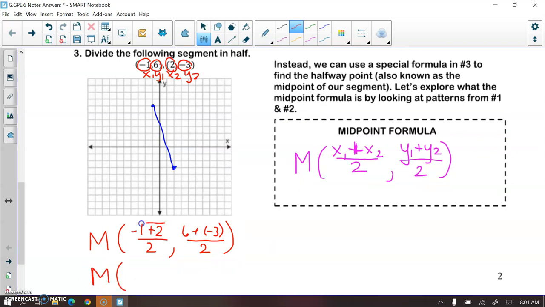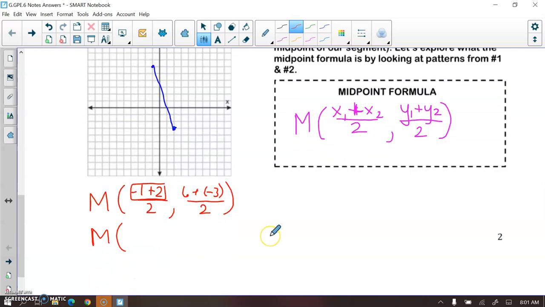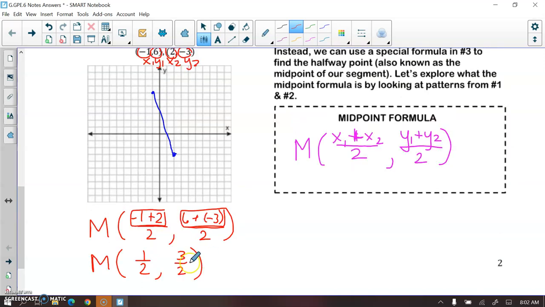Simplifying now, negative 1 plus 2 is 1, and 1 divided by 2 is just 1/2. And then here, 6 plus negative 3 is 3, and 3 divided by 2 is just 3/2. So that's the same thing as 0.5 and 1.5.